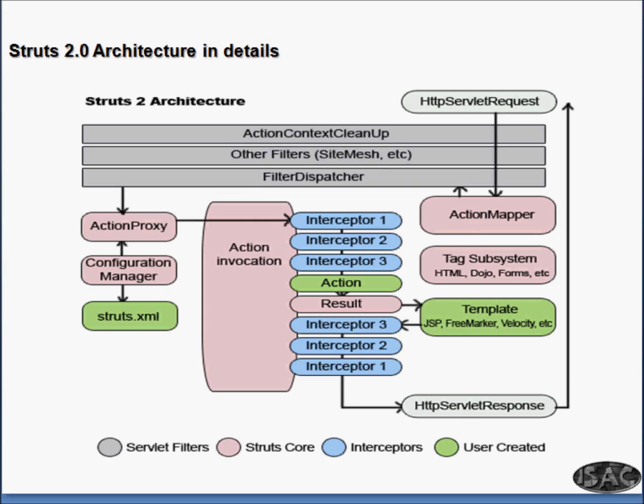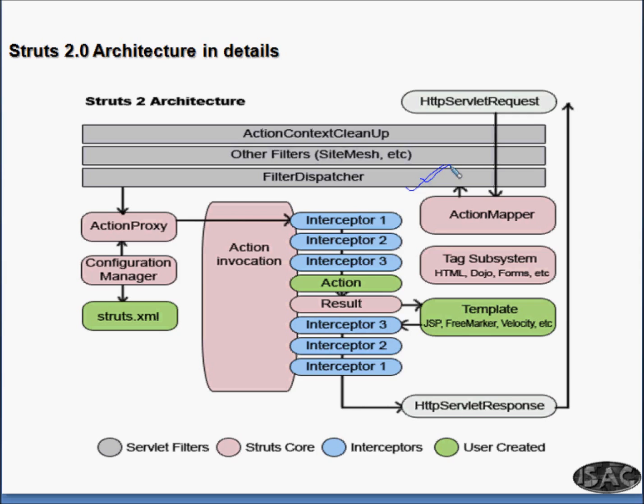See the detailed graphic or architecture of Struts 2 now. Whenever any request comes, it will go to the action mapper, and it will interact with the filter dispatcher. Instead of the action servlet, here we have a filter dispatcher which will take your request and do some processing.